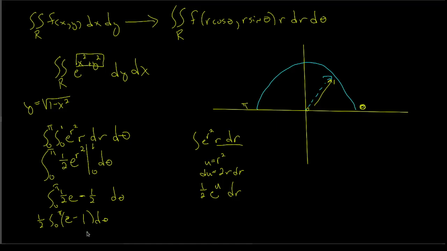And e minus 1 is a number. So this will be 1/2 e minus 1 times theta evaluated from 0 to pi, which is going to be 1/2 e minus 1 times pi. And so we can convert a problem that's in Cartesian coordinates to polar coordinates.